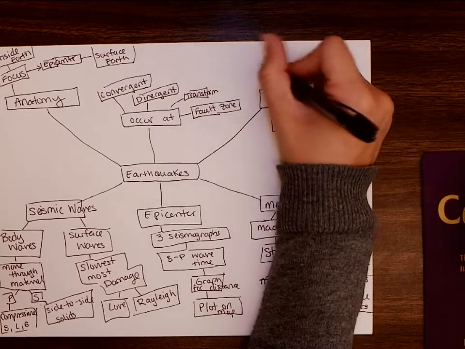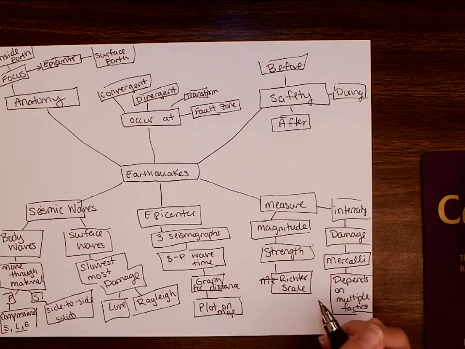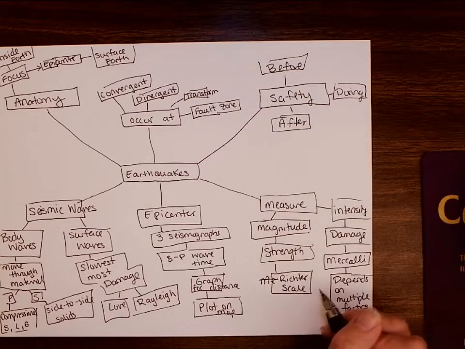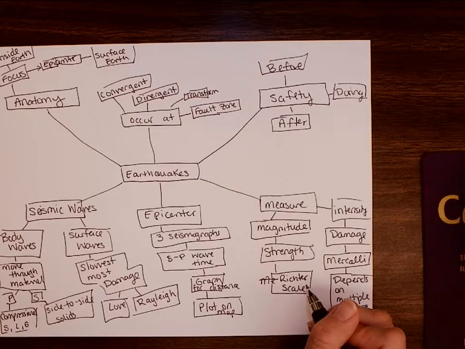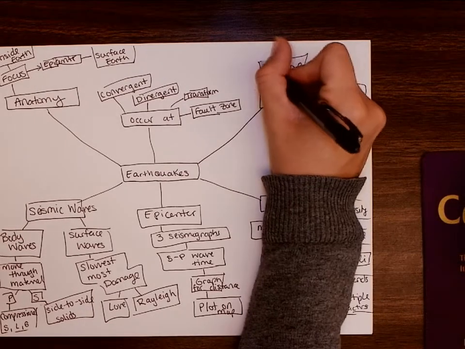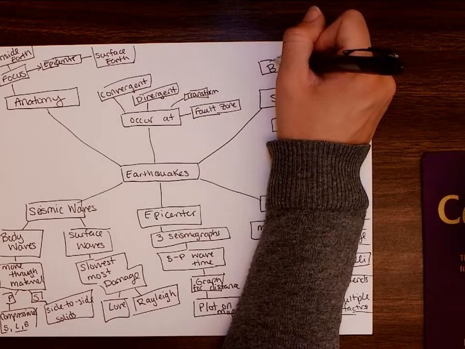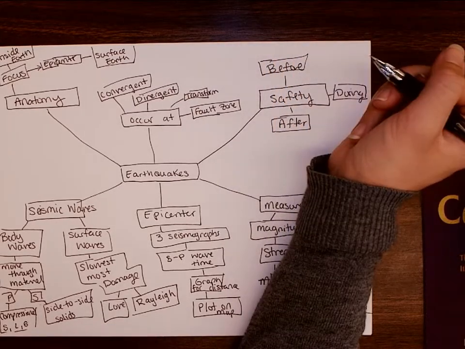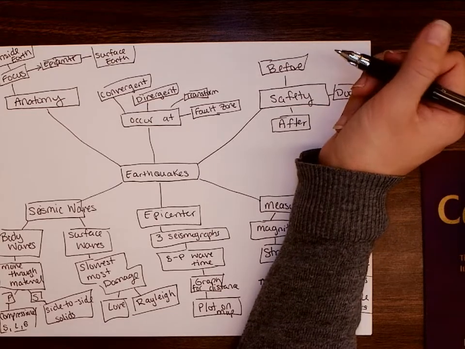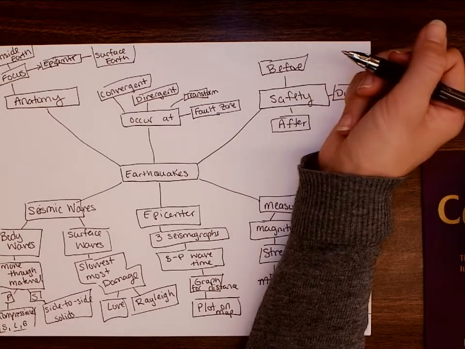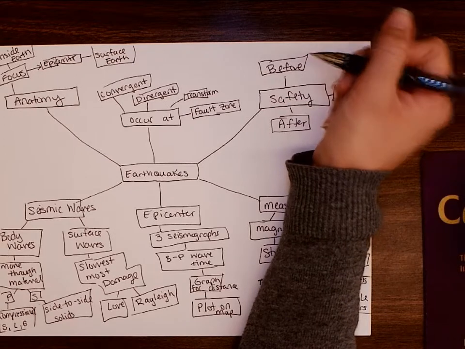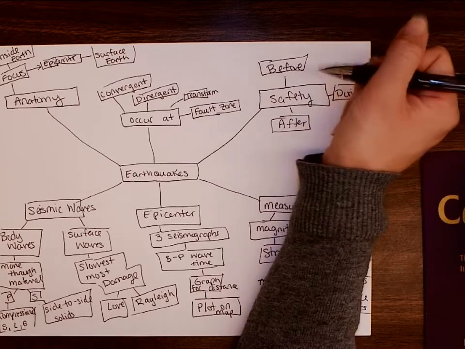Before an earthquake, because we can't really predict it, we might have a little bit of early warning signs. There might be a foreshock. We could watch for that. Or if we know that there's a seismic gap, we haven't had any earthquake activity in this area for a while, we might be able to predict that one will be occurring. But there's not really a 100% certain way we can predict it.